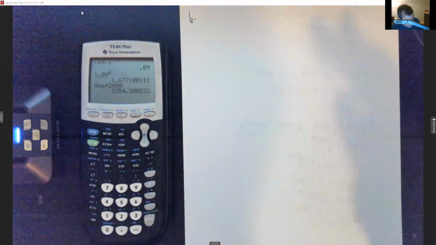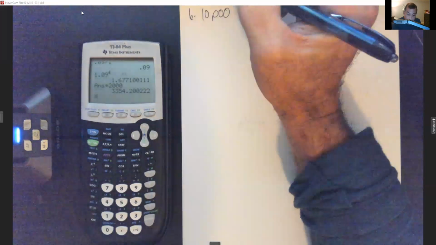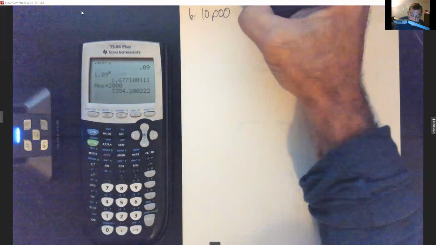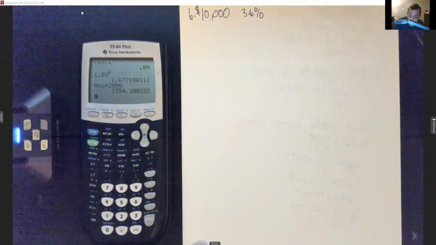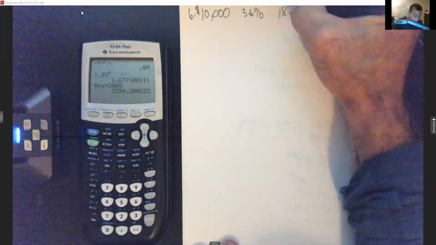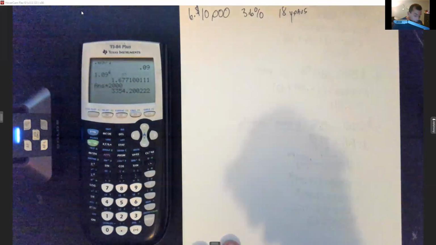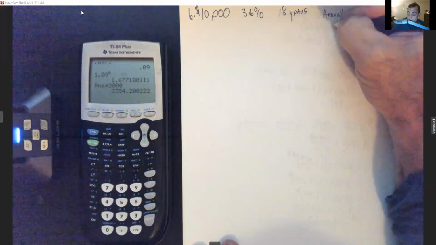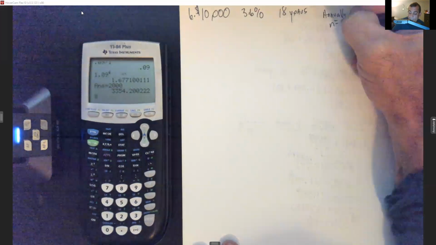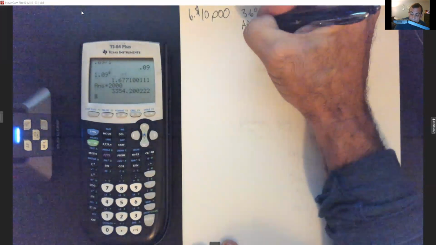They're compounding annually. So they got $10,000 invested at an APR of 3.6% for 18 years. And then we said this was compounded annually. So since that's annually, N is going to equal 1. That's going to be my Y. That's my APR, but I will turn that into a decimal.